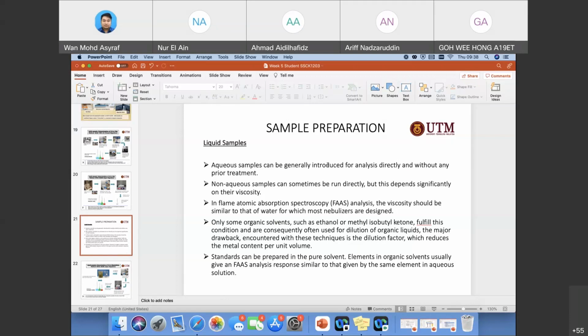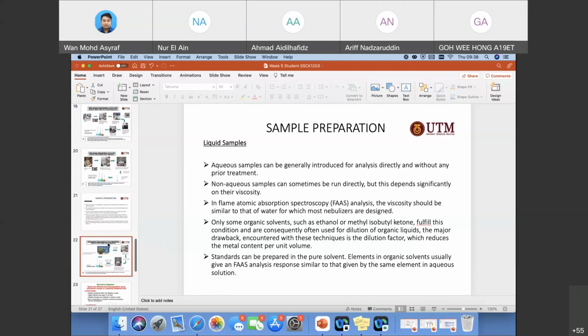But in my opinion, for my example just now, if you have 1 liter of river water, you cannot just aspirate 1 liter inside the FAAS. You may need to do some pre-concentration method, so that only 25 ml of that 1 liter sample is aspirated into the flame AAS.